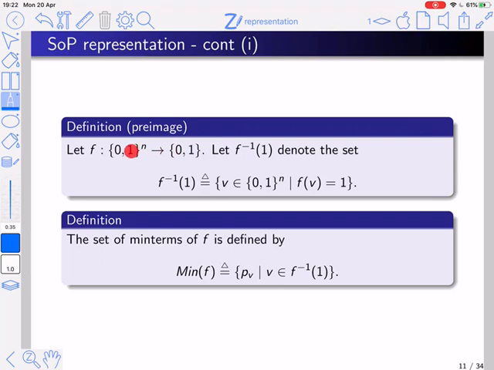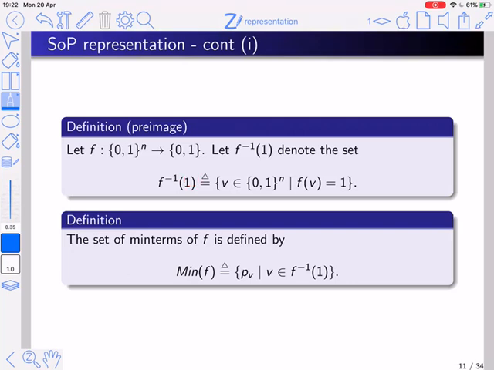Of course it isn't. If n is greater than 1, then the domain is bigger than the range, so the function cannot even be one-to-one. This is just a notation which denotes the pre-image of 1. That means all the arguments, all the v's that are mapped to 1.